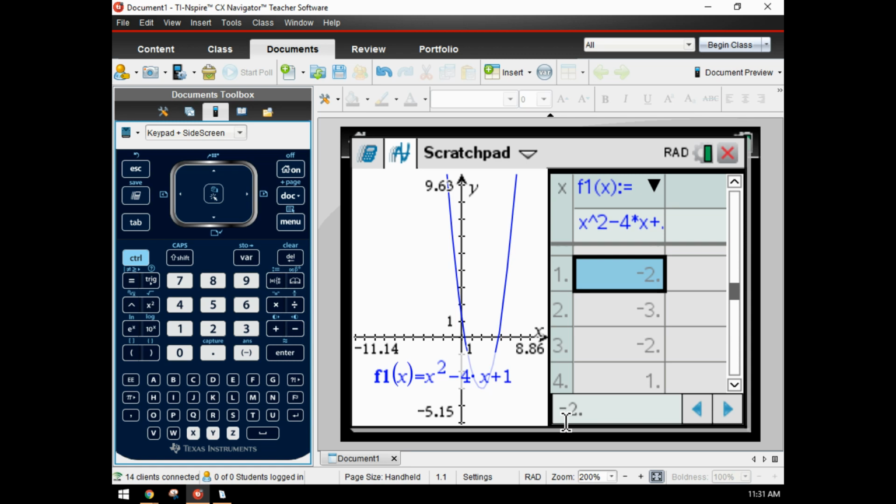Wait, no. What's different about this one than the one on your example? The X and Y. No, the X is like over there. Okay, so I do have my X column right here, but where does my first X start at? 1. Where does my first X start at on my example?